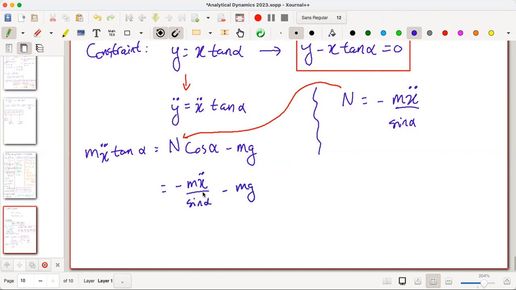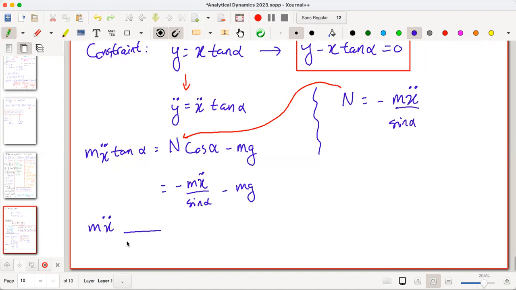So I can bring this to the left hand side, to join it with this one. So I have m x double prime times tangent plus 1 over sine. Tangent is sine per cosine, and this is 1 over sine.